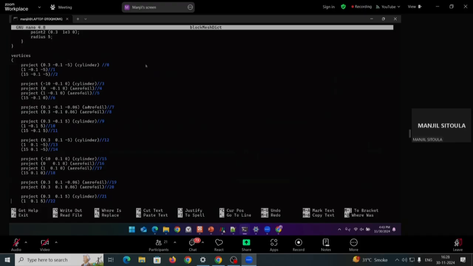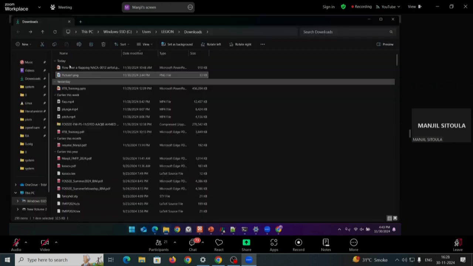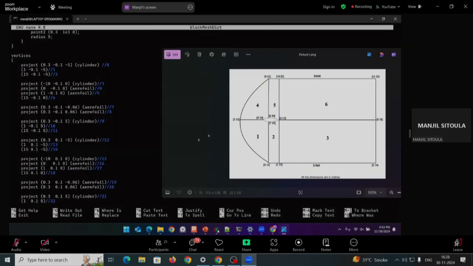Let me show the blockMesh file, the blocks. We can see that these are the blocks and the vertices that are being generated in the figure. We have projected the coordinates from the cylinder onto the airfoil, which is required, and we will use these coordinates later to generate edges, so that we do not have to use individual points in all these cylinders.